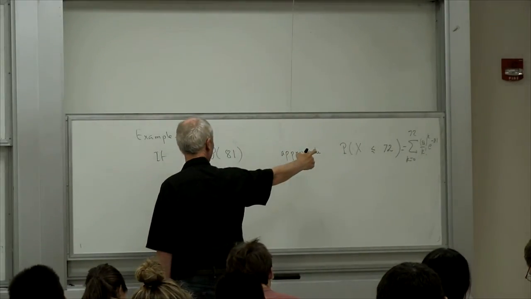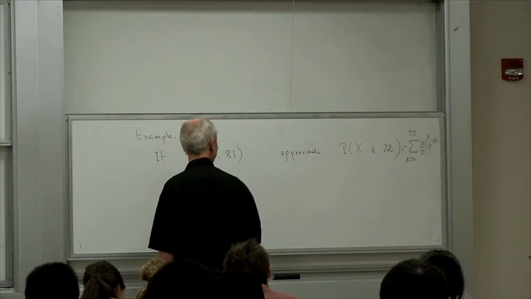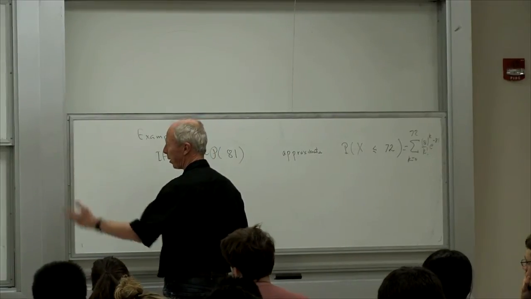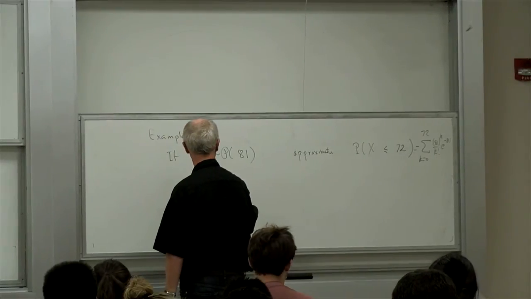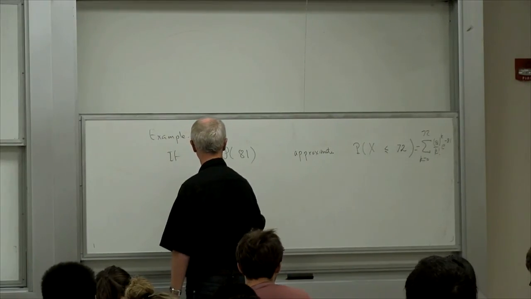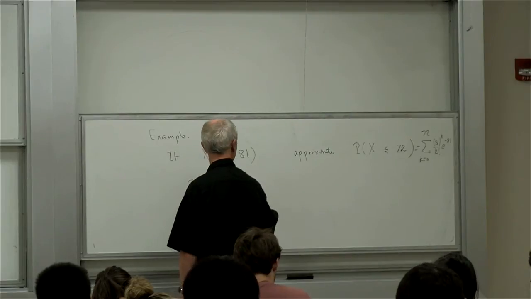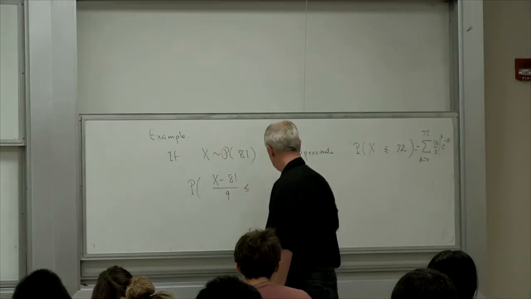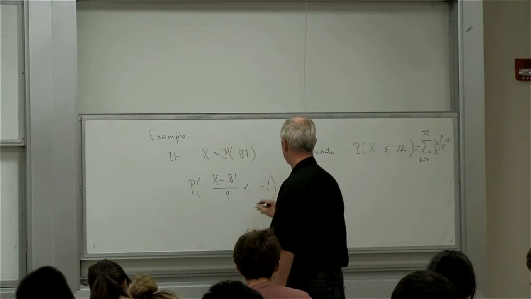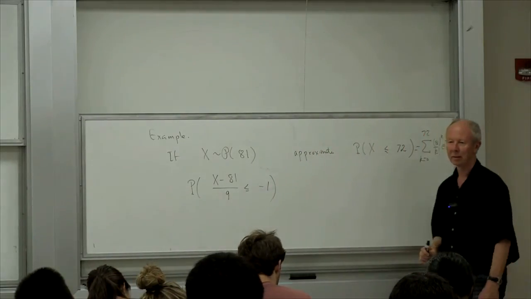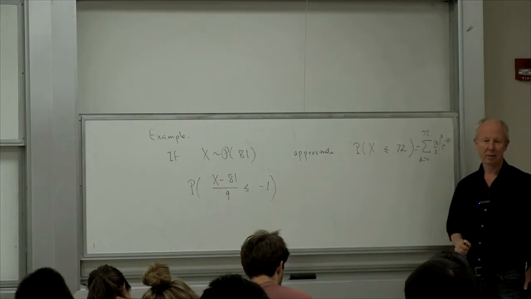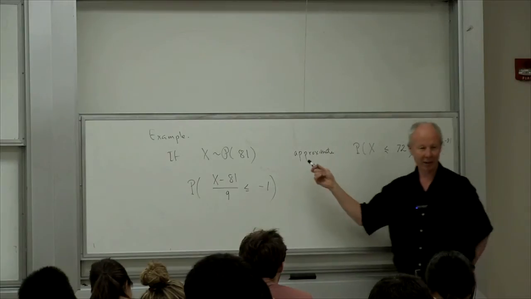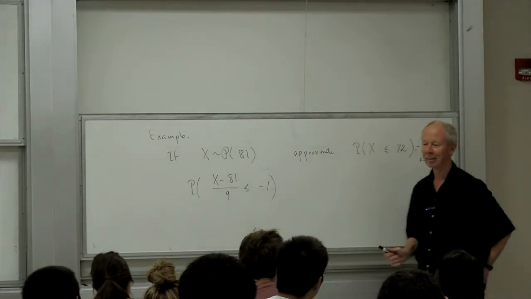So how should we convert this so that we can use the normal approximation? Well, we should subtract lambda and divide by square root of lambda. So we should subtract 81 and divide by square root of 81, which is 9. And we get this. And now you should be really impressed, because I made up these numbers at the board, and I came up with -1 here.